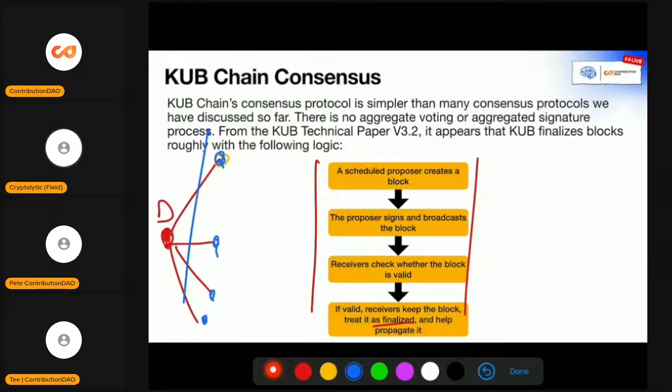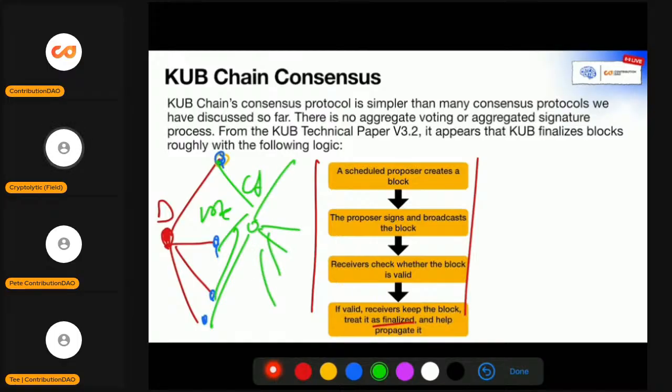For KUB Chain, it ends here. But other consensus protocols require that validators make a vote and then aggregate it into something like a certificate, then broadcast again and vote again before you can finally finalize a block. But for KUB Chain, it ends here.